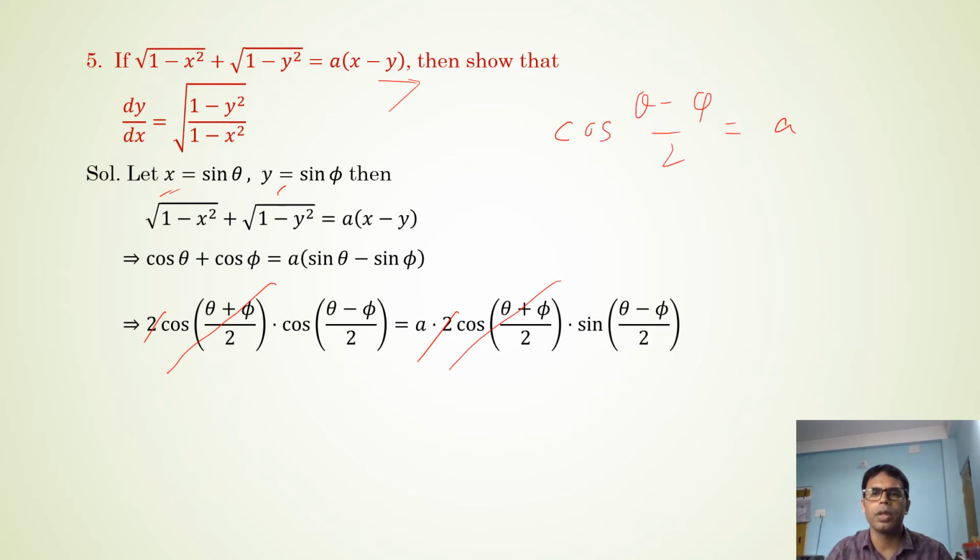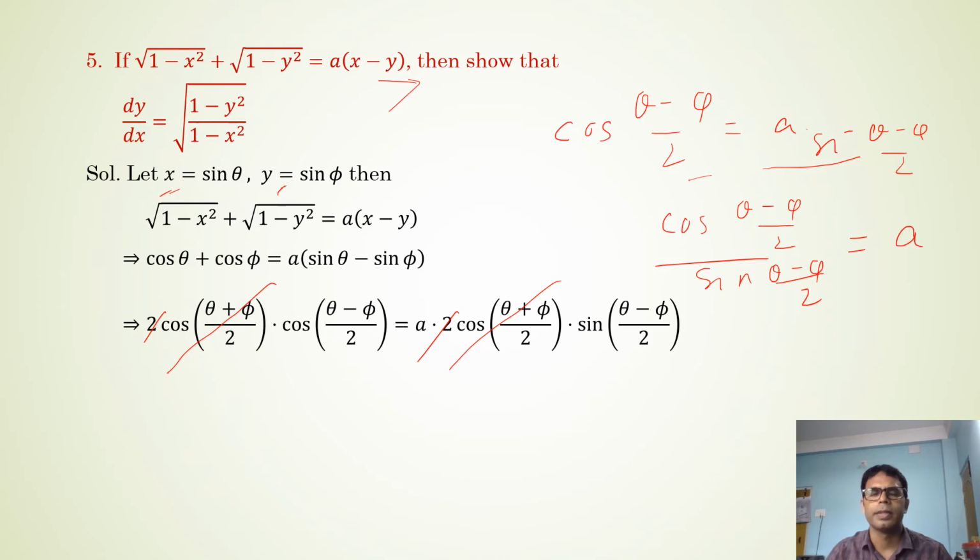And the right hand side is left with a into sin of (theta minus phi) by 2. If I bring this sin of (theta minus phi) by 2 to the left, we get cos of (theta minus phi) by 2 divided by sin of (theta minus phi) by 2, which is equal to a on the right hand side.